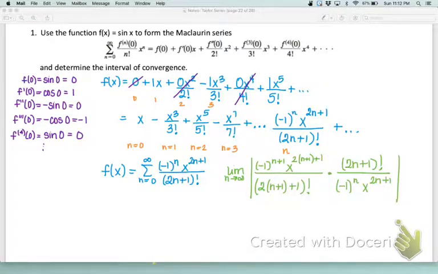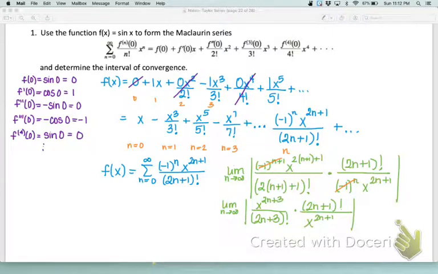Now, because of the absolute value, we can ignore the negatives altogether. That's just fine. And we can clean this up just a little bit by multiplying out where we need to. So now I have x to the 2n plus 3, which means this is over 2n plus 3 factorial times 2n plus 1 factorial over x to the 2n plus 1.